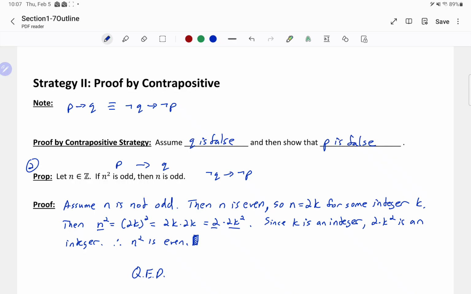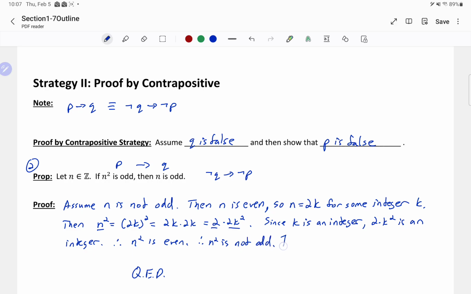Should we write the conclusion of the second proof as n squared is not odd? Yes. Technically we should do that. That's a good point. Technically speaking, therefore n squared is even, and therefore n squared is not odd.